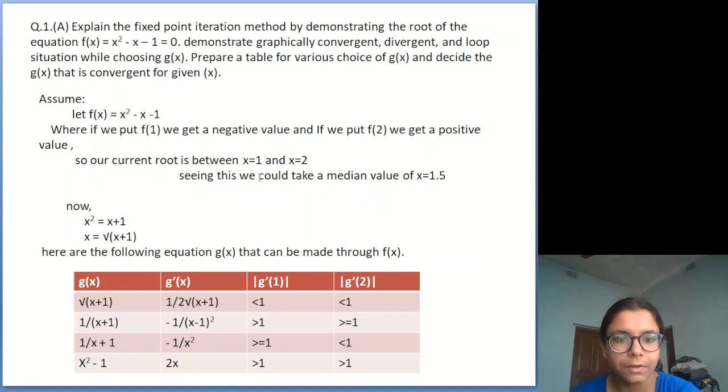Now we would just take x^2 = x + 1 and get a value for x. Now as you can see here, I have done that.